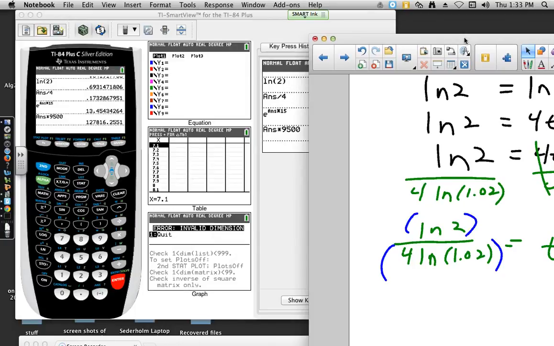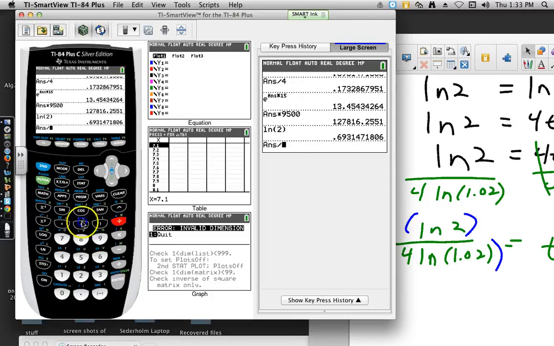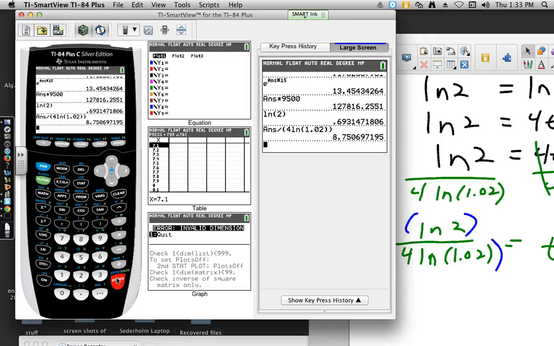So we need the natural log of 2, getting that answer, and I'm going to divide it by all of this, 4 natural log of 1.02. And finish off those parentheses so the calculator knows divide it by all of that.